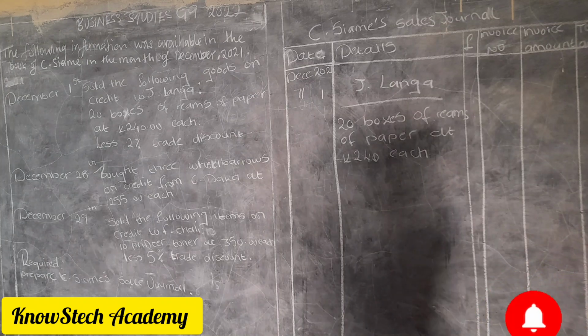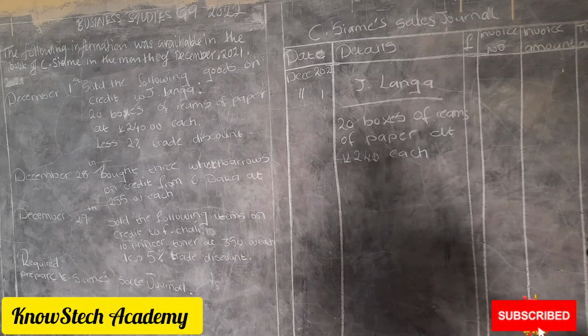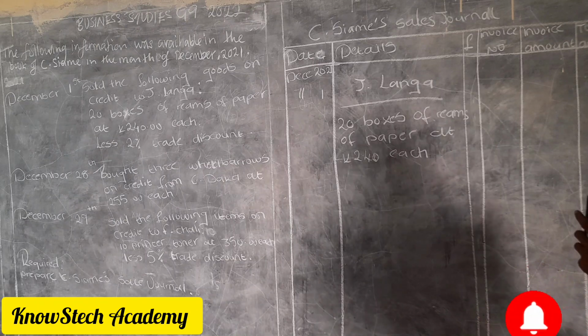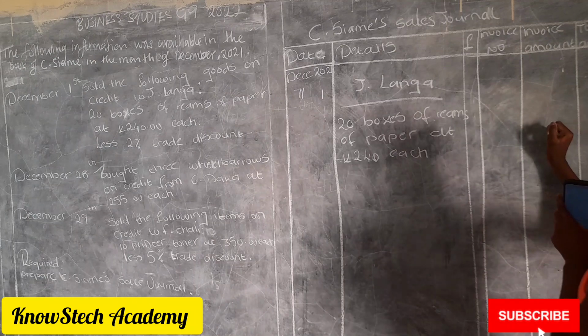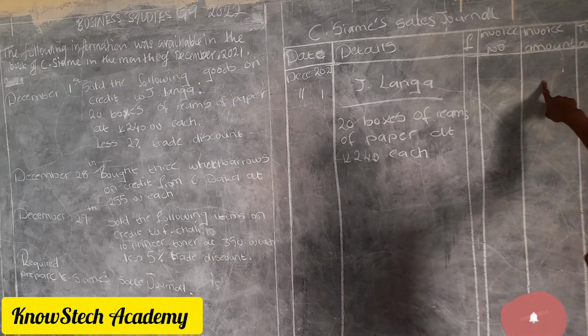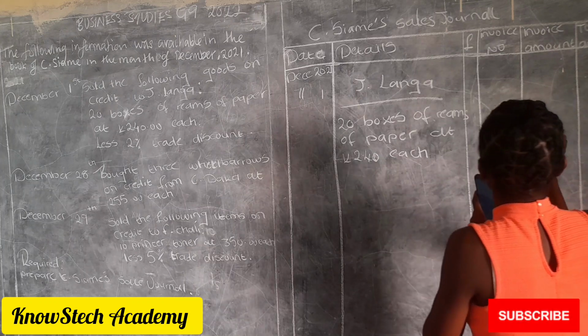What is 20 times 240? So here we're going to write the amount in the fourth column, I mean the fifth column.